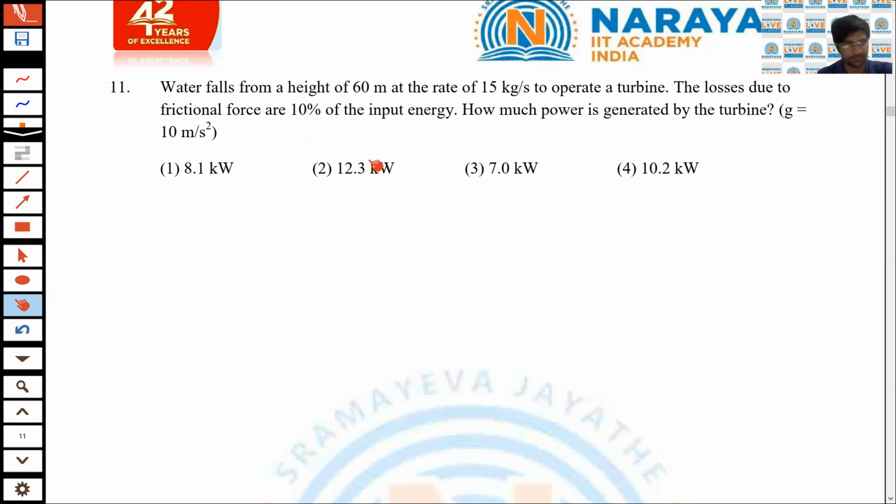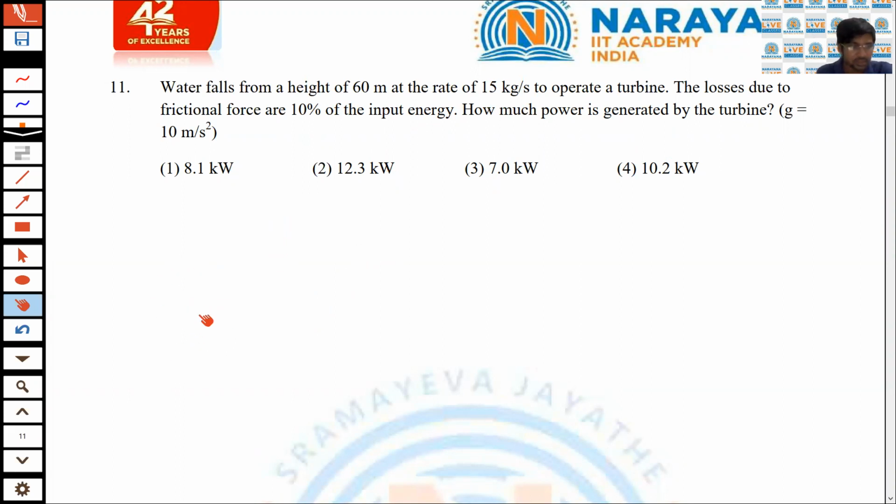It is being asked. So first of all, you should understand that the gravitational potential energy of the water is being converted into the kinetic energy, and that kinetic energy is 90% converted into electrical energy and 10% is wasted in the frictional force.